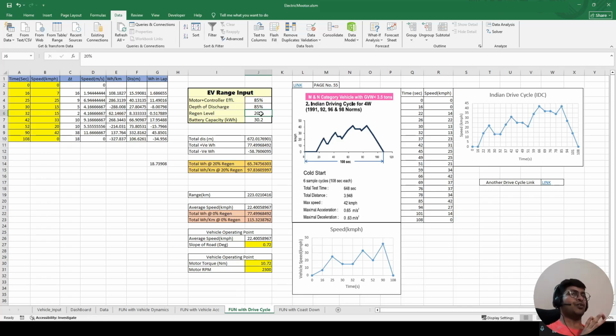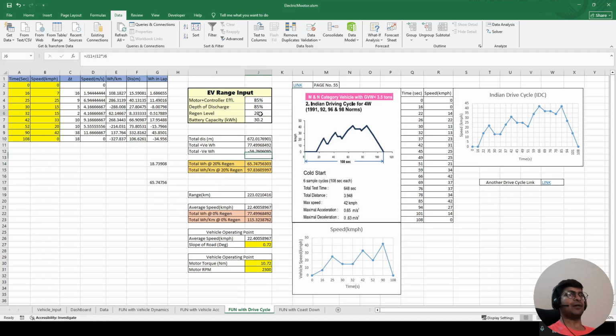Now if you want to recalculate the total energy consumed while traveling 672 meter with 20% regenerative, I separately add the positive values and separately add the negative values. To calculate total energy consumed, I add the positive value plus the negative value, but the negative value I am considering only 20%. So that is 65.74, and that's the number you got.